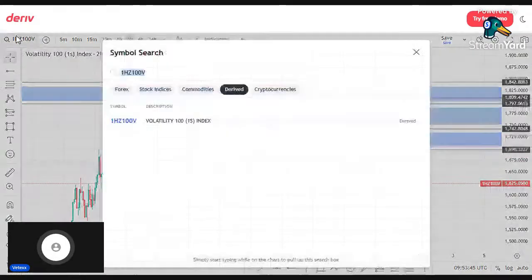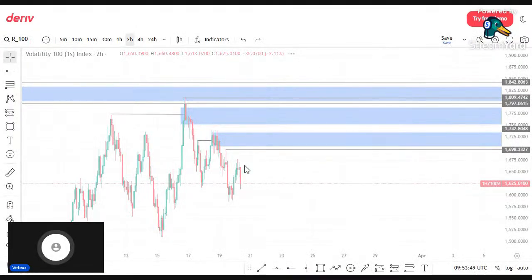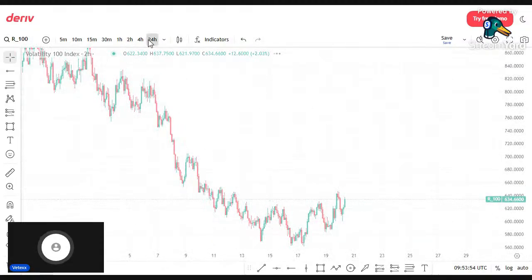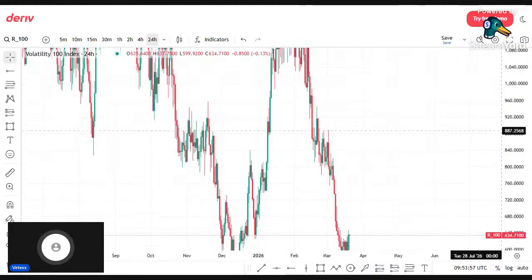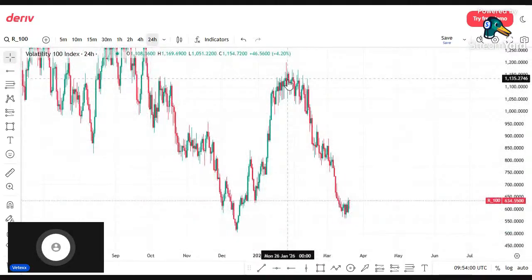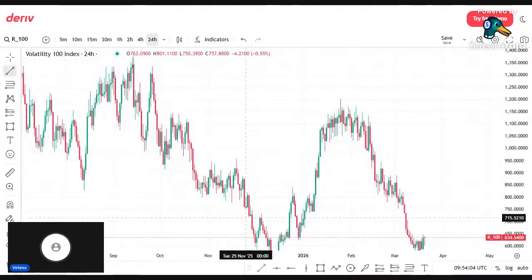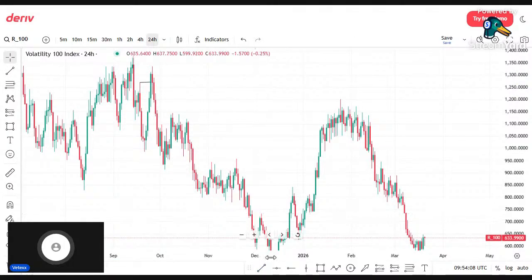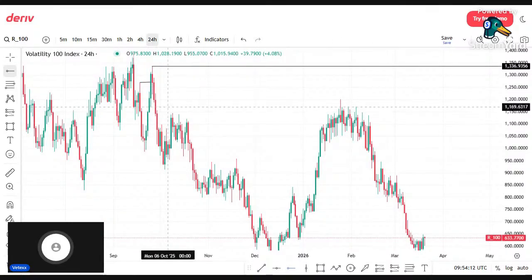So the next we'll be checking out is V100, which is the last volatility index. V100 has been bearish from the 24-hour time frame. I did this analysis since the 26th of January, where we have a sweep of liquidity, which is around this zone, and then we have a protected high, which is around this zone, and this is our structural liquidity.